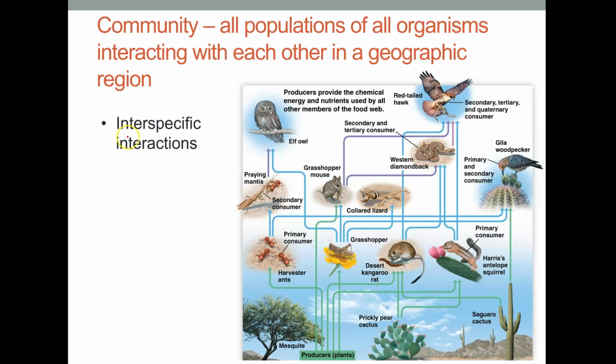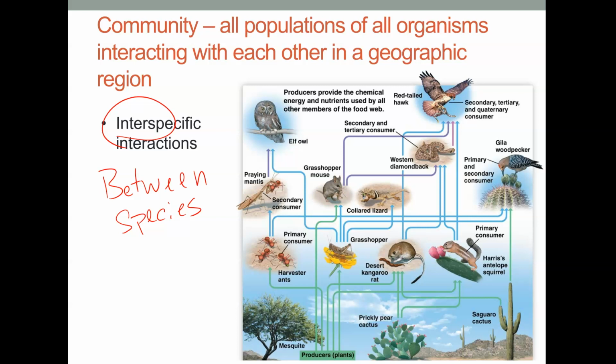Remember that inter means between. So when we're looking at interspecific interactions, we're looking at interactions between species. So how do all of these different organisms in this community, remember that includes bacteria, fungi, insects, all the little creepy crawlies, the things that are too tiny for us to see with our eyes, all of the plants, and everything that we can see, and of course all the things that we can't see as well.